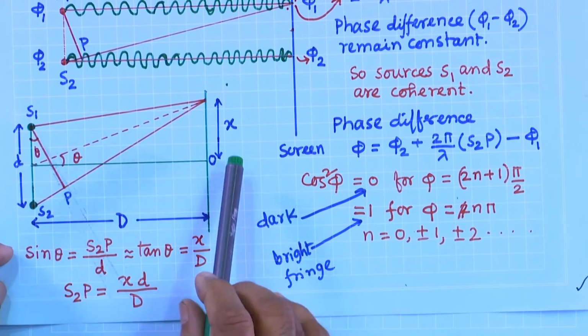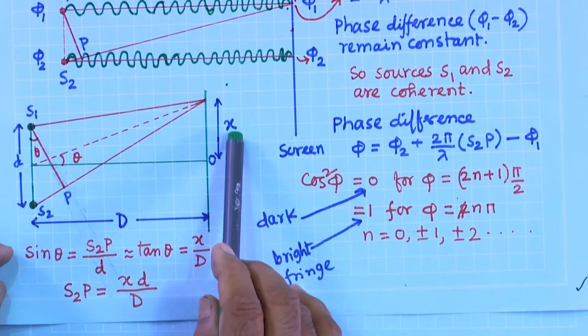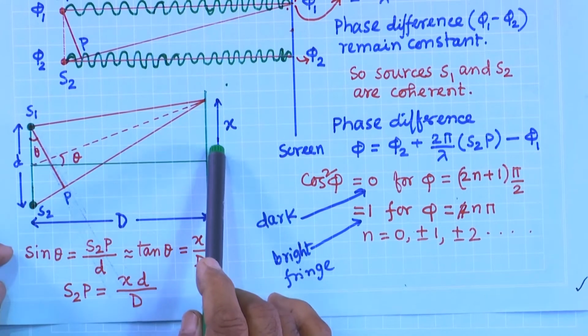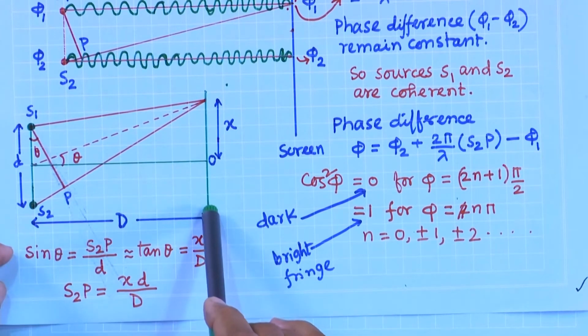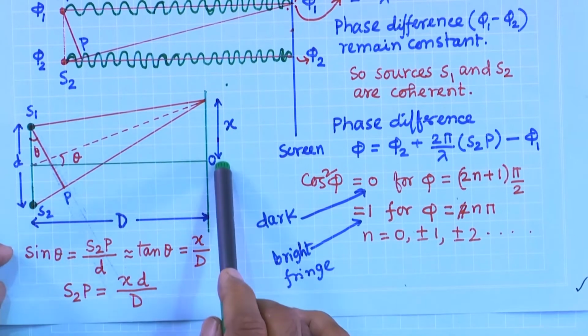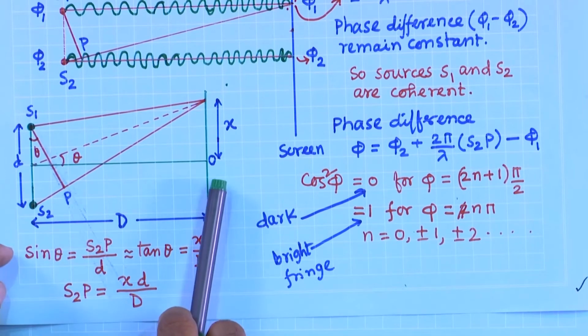Then x will vary at different points. What will be the phase difference? Depending on that, we will see bright and dark fringes, that is basically the interference fringe.